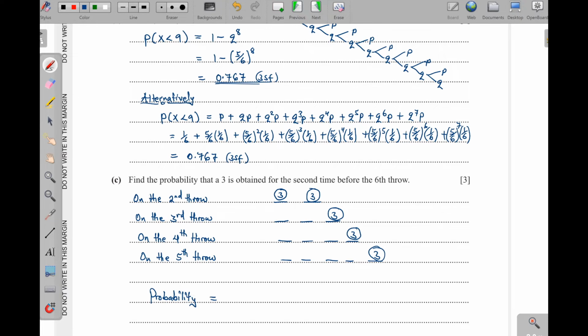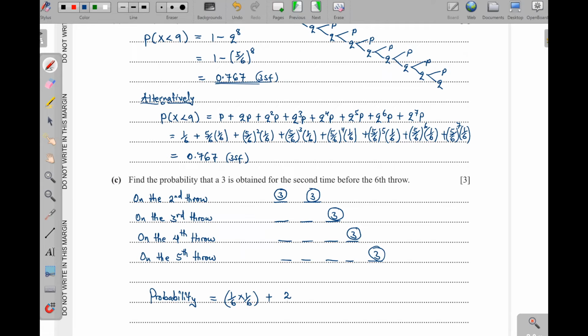Probability is going to be equal to, here, you are having 1 over 6, the probability of getting the 3, then times also 1 over 6, not so? Times 1 over 6, that is the first one. So we are adding all of these ones together. And then here, out of these 2, we have only 1 success.